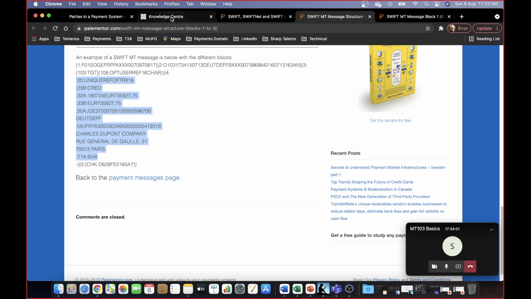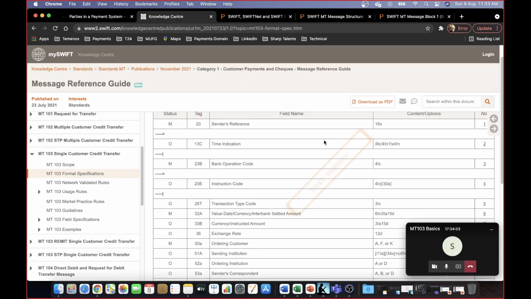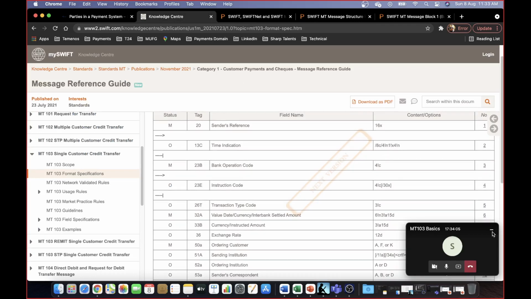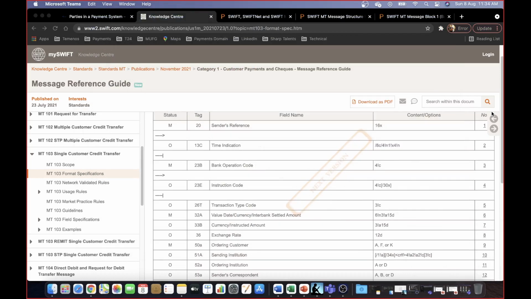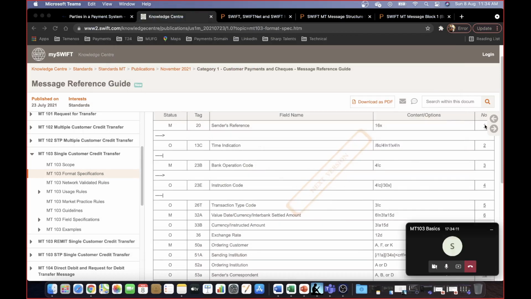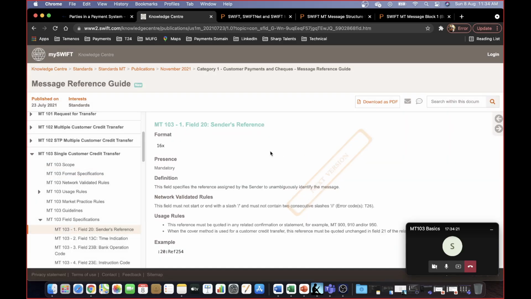So going to the specification page, if you want to really know what each of those tags mean, you can click on the number on the right hand corner. You can click on this number and it will take you to the format page.